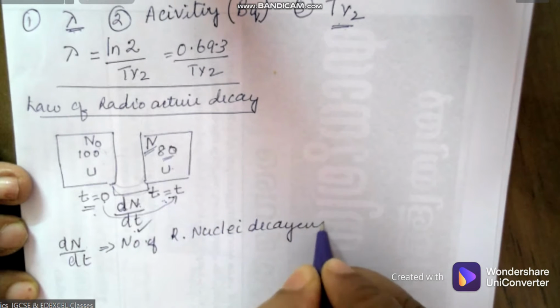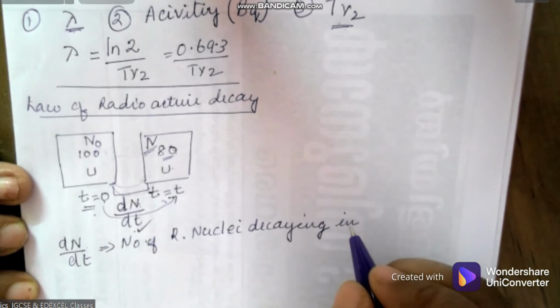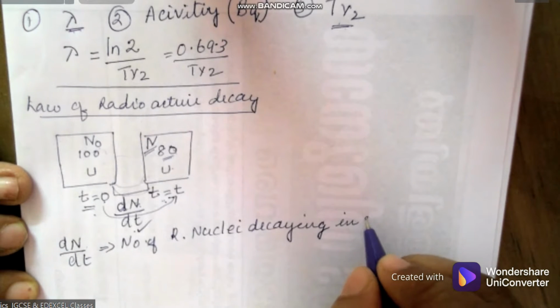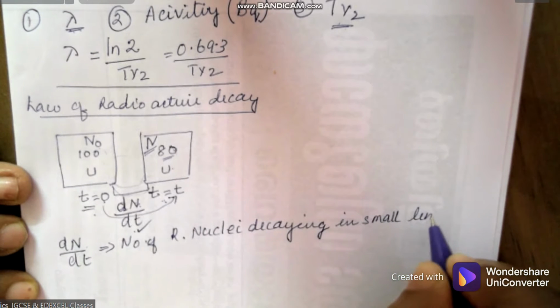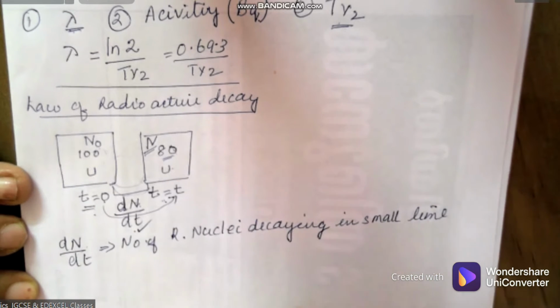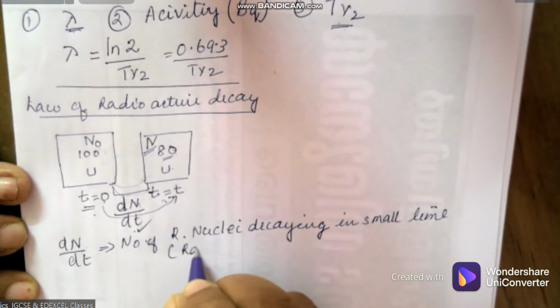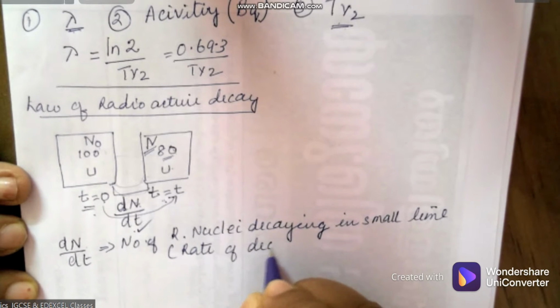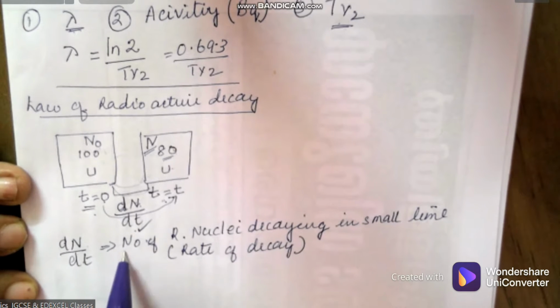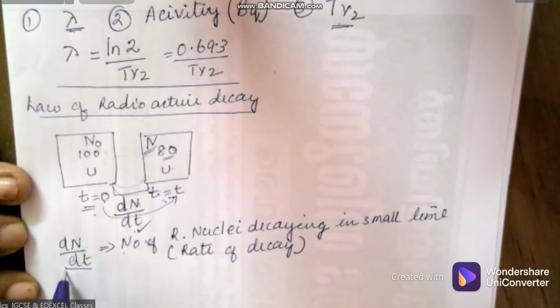What is this? The number of radioactive nuclei decaying in a certain time, or in a small time. This is also called the rate of decay. According to the law, this rate of decay is proportional to the present number of atoms.